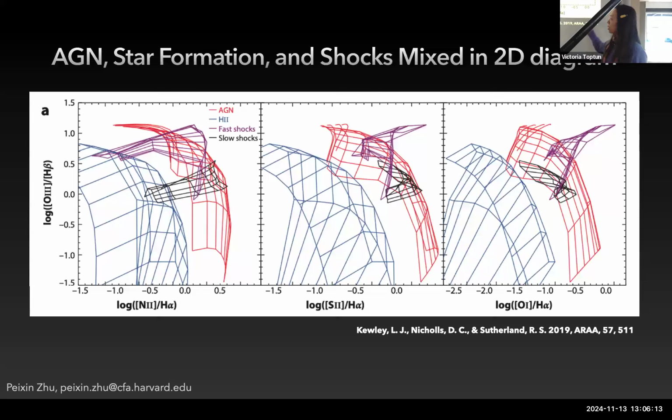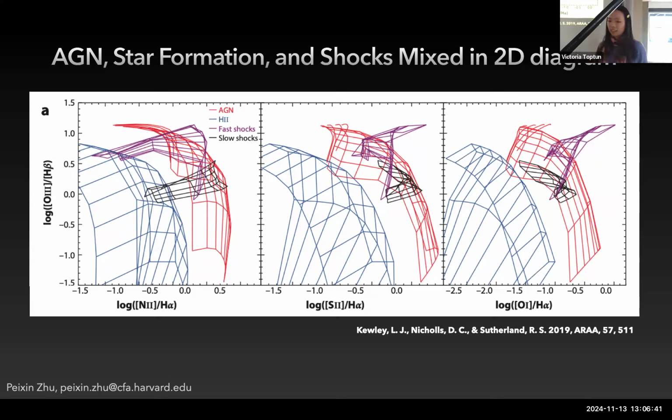As you can see, in the same diagram the 4 model grids overlap with each other. So there's no clear separation among these 4 model grids that you can assign. A spaxel in a specific region might be contributed to by any of these mechanisms, so it's very hard to separate AGN, star formation, and shocks on this 2D diagram.